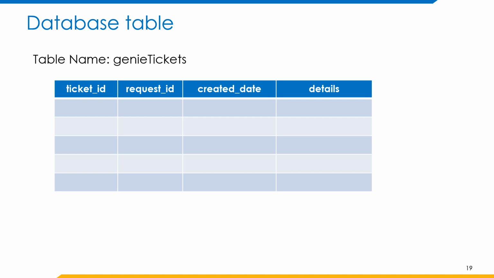So here we will be using a table named Genie tickets, which contains columns such as ticket ID, request ID, created date and details. These ticket details are added to these tables.